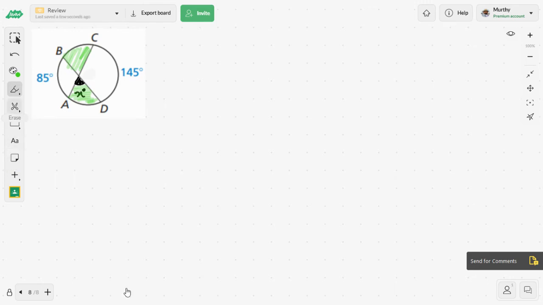So what we do is, let me assume that there is some angle a here, and can I find the value of a? The answer is yes, because I know that here is 145 degrees and here is 85 degrees. So easily I can figure out the value of a, right? So let's find the value of a first, then we'll think of finding the value of x.